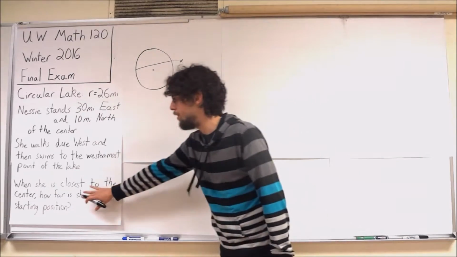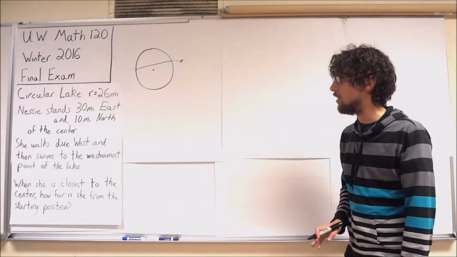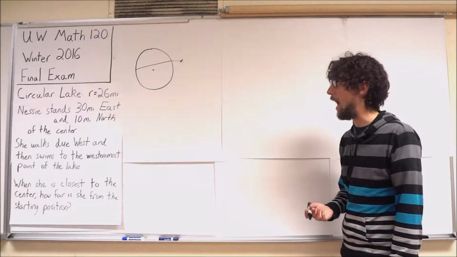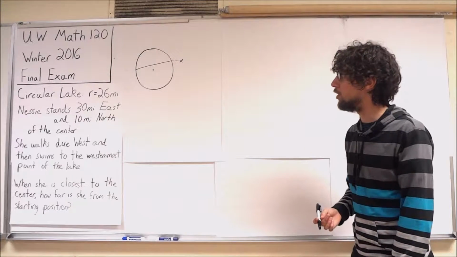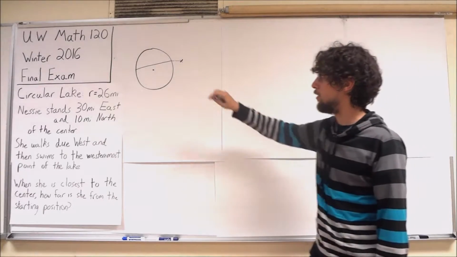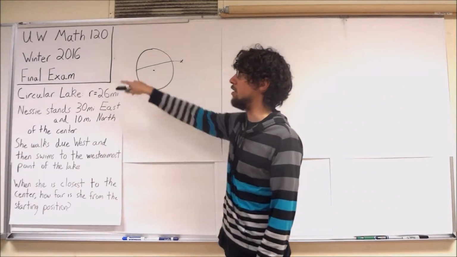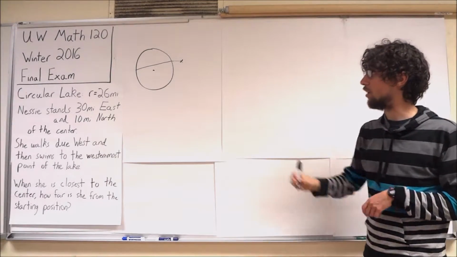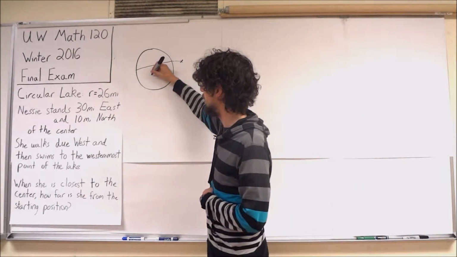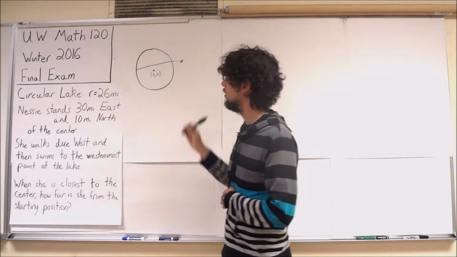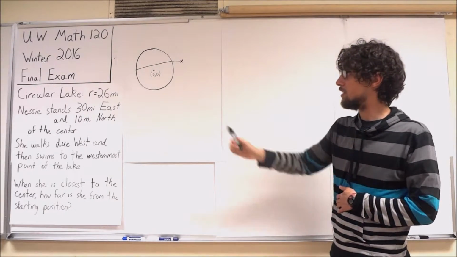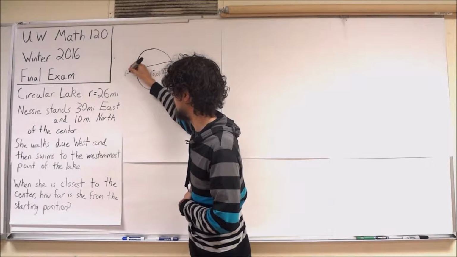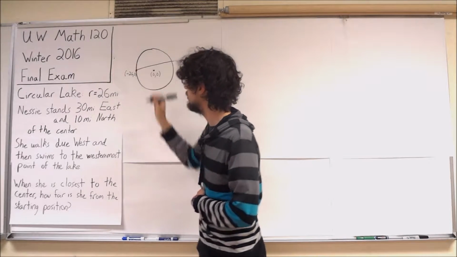Let me put on hold thinking about the closest to the center bit and start just by explicitly modeling Nessie's path. In particular, I'm curious about Nessie's path from here to here. So let me impose some coordinates here. I'll say that the center is 0, 0. This westernmost point here looks like it should be negative 26, 0.